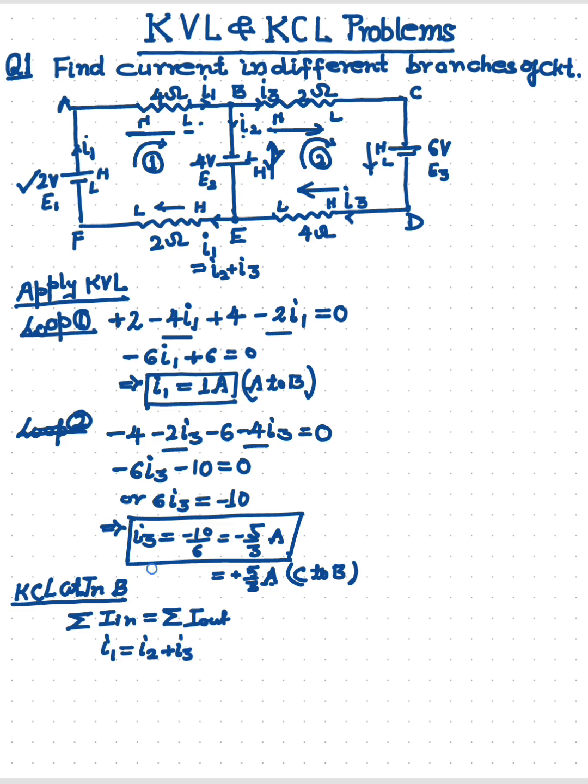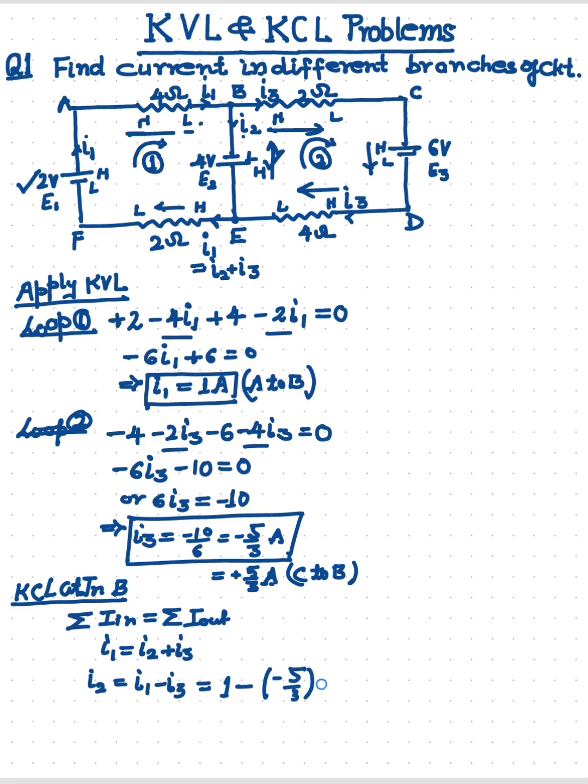But we have to find I2, because I1 and I3 we have already found. So I2 will be I1 minus I3. I1 we found is 1 ampere, minus I3, whose value here we got as minus 5 upon 3.